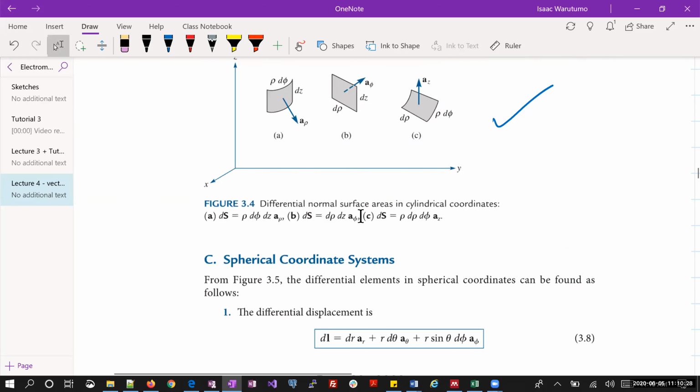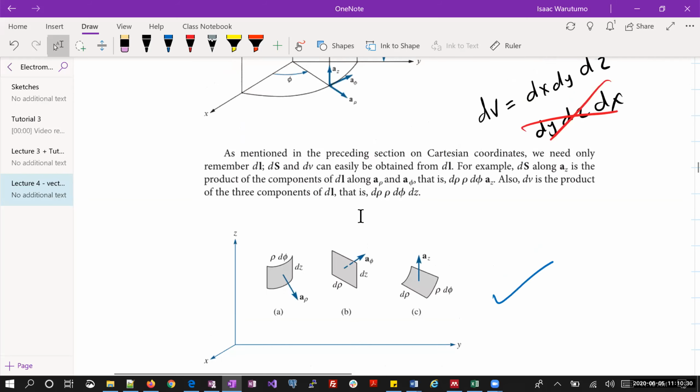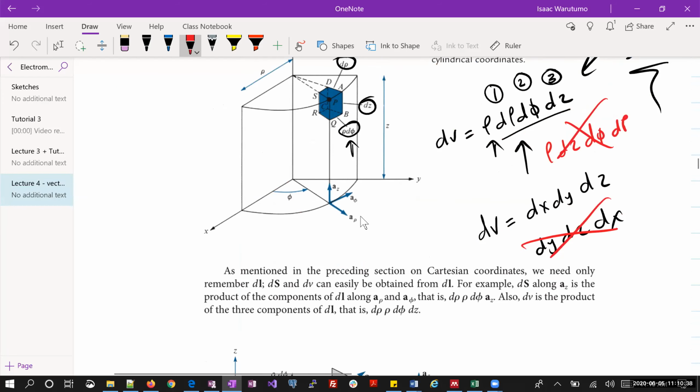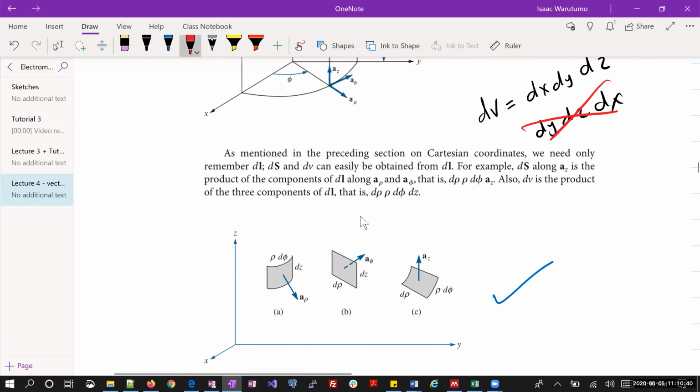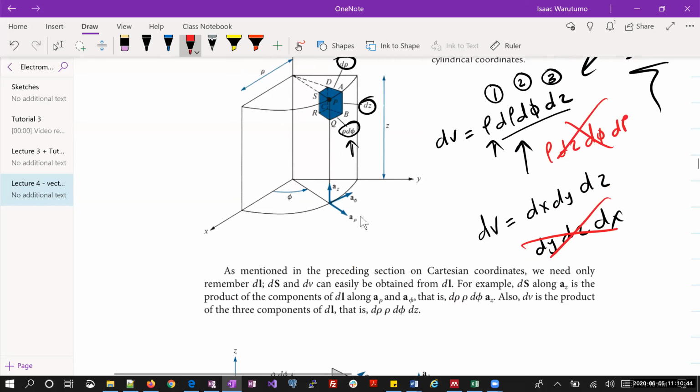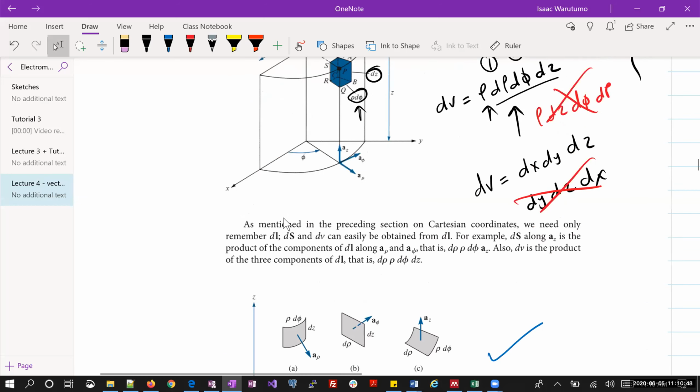So we have actually finished with the cylindrical coordinate system. We are simply saying that we can split this up to show one surface from this volume. If you remove each of these surfaces, this one gives you this surface.